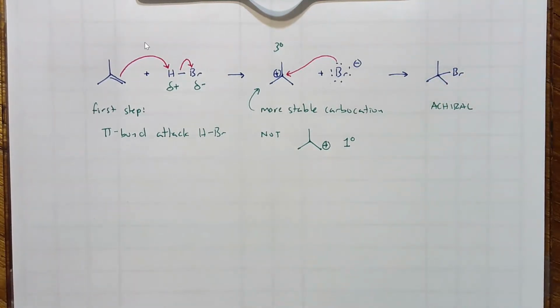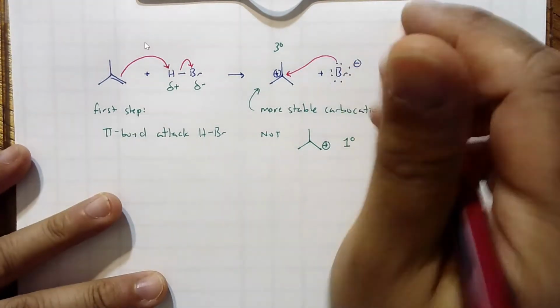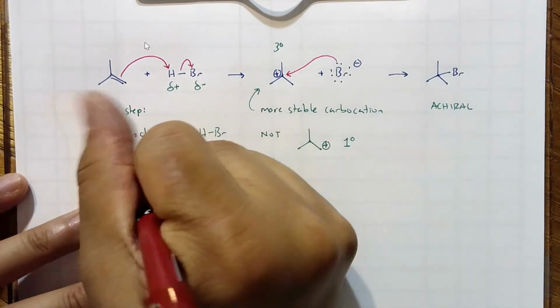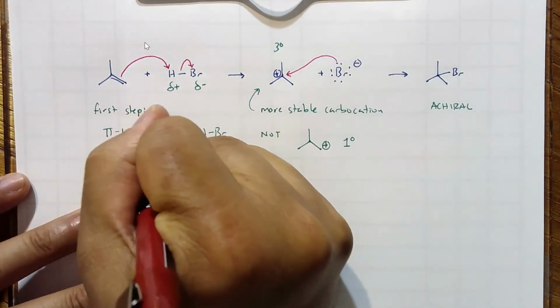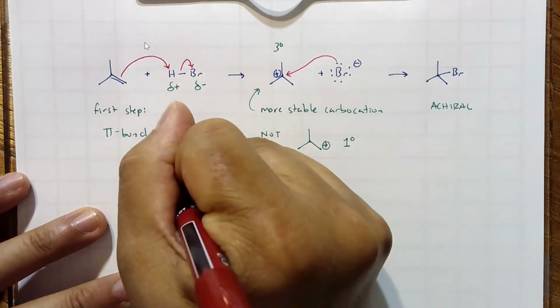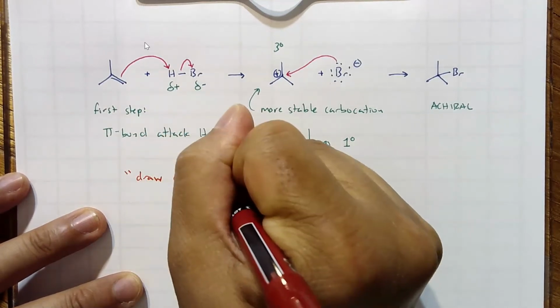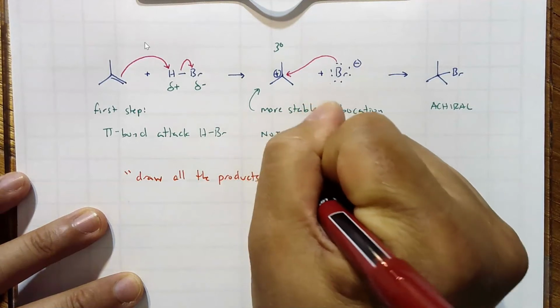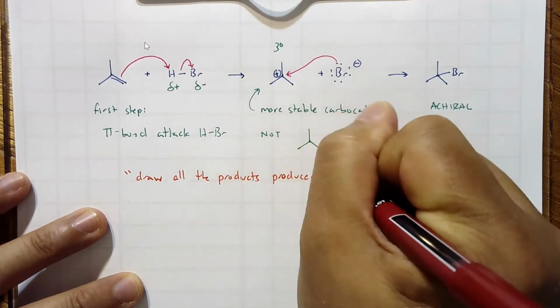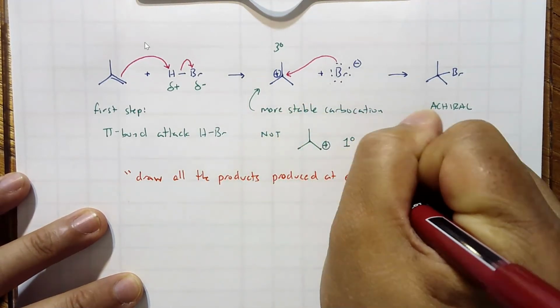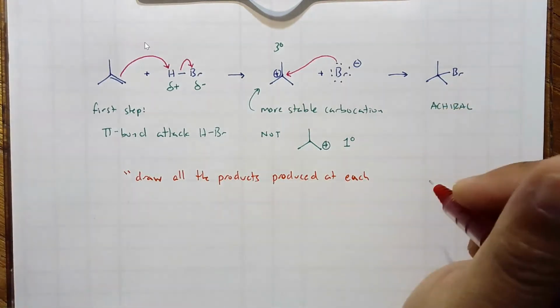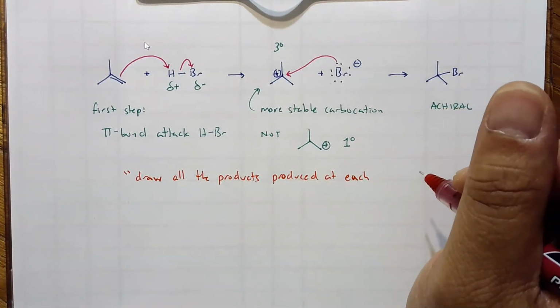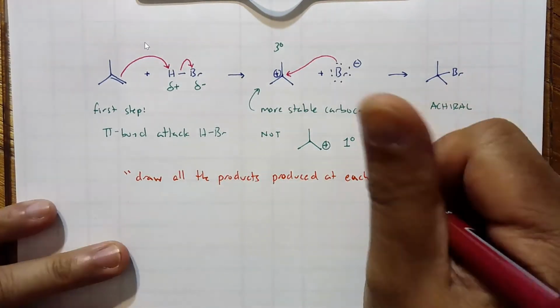The other last thing, and then we'll get back to the handout, is that you want to draw all the products produced at each particular step.